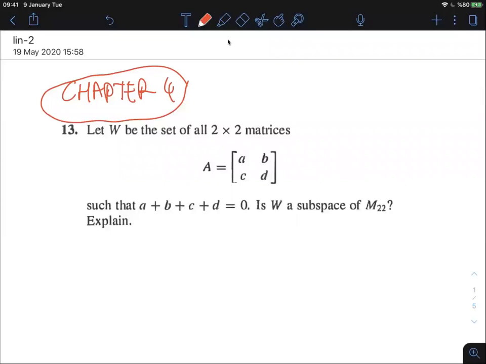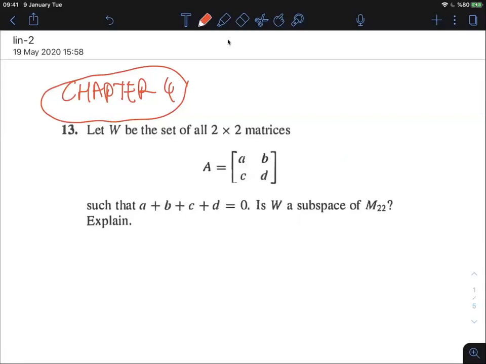Okay, and then there was this notion of subspace. Okay, so given a vector space, the question is whether a given subset of a vector space is itself a vector space or not. So in this case, when we're checking whether a given subset is a subspace, the problem really simplifies because we have to check only two things.